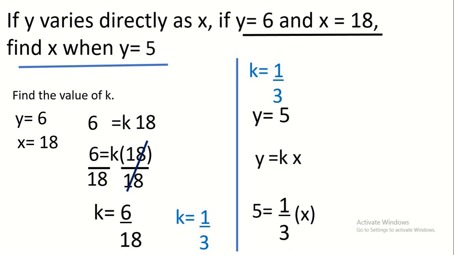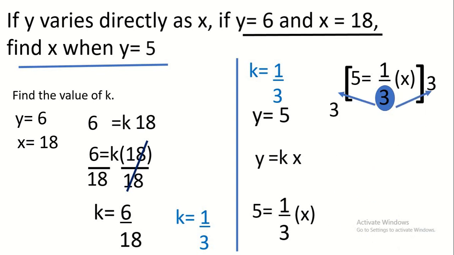Since may denominator tayong 3, gagamit tayo ng multiplication property of equality and imumultiply natin both sides by 3 para makancel. So, wala ka ng denominator. So, 3 and 5, we will multiply it, magiging 15, then 1x.